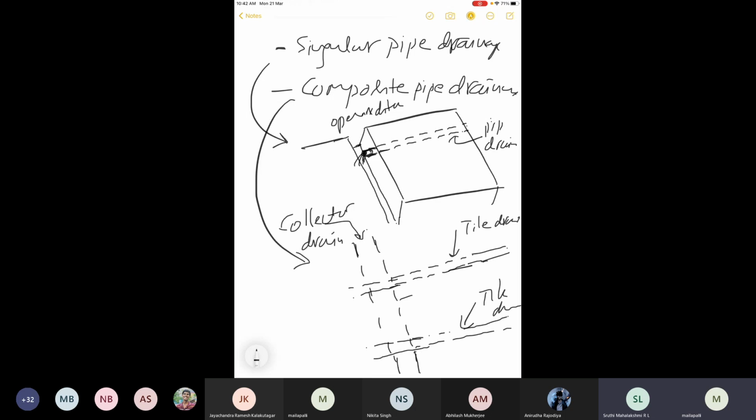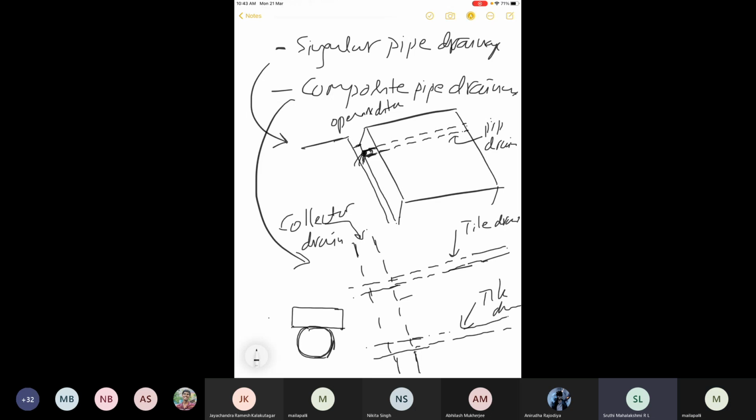Here you would see a T-shaped joint where it can connect both. It will be like this, and again like this.